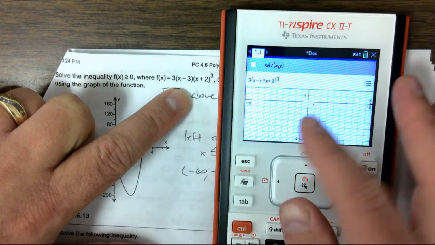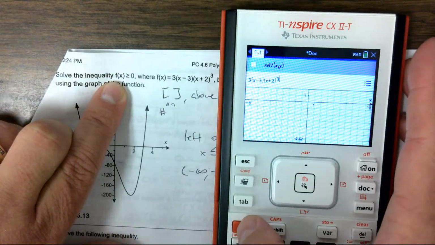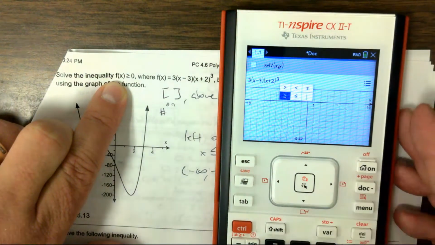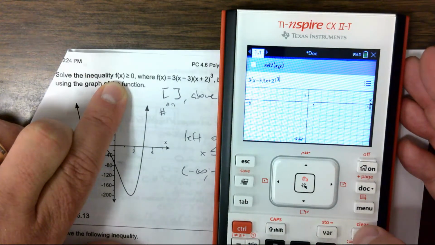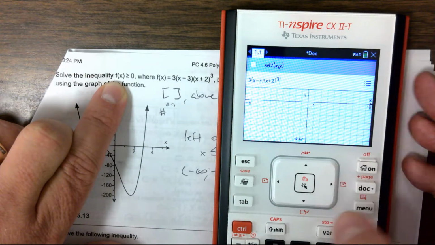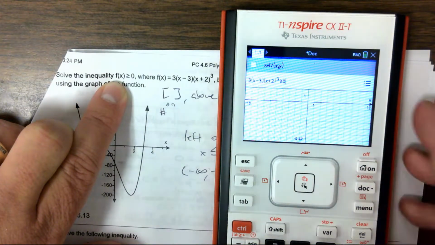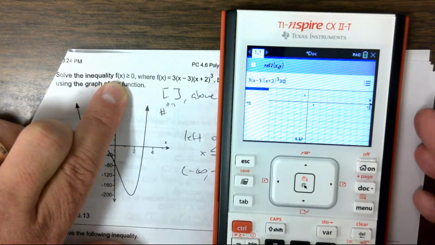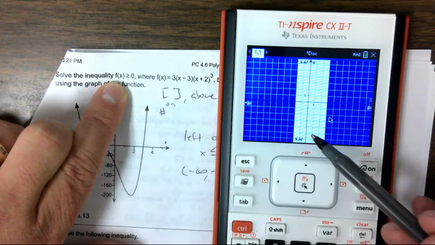And then I'll do greater than or equal to 0. So that's control equal greater than or equal to 0. Whoops, that's the exponent. So I need greater than or equal to 0. Let's just see if it shades. Okay, it did.